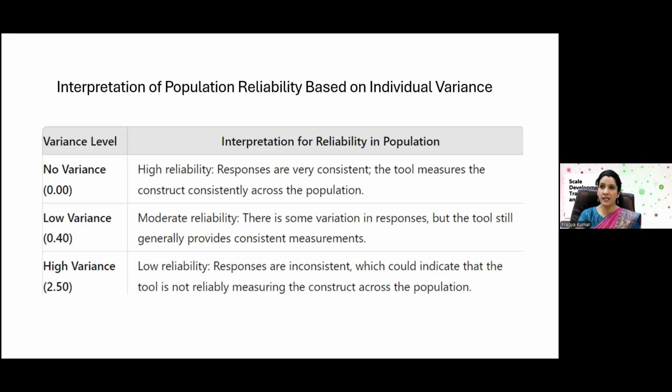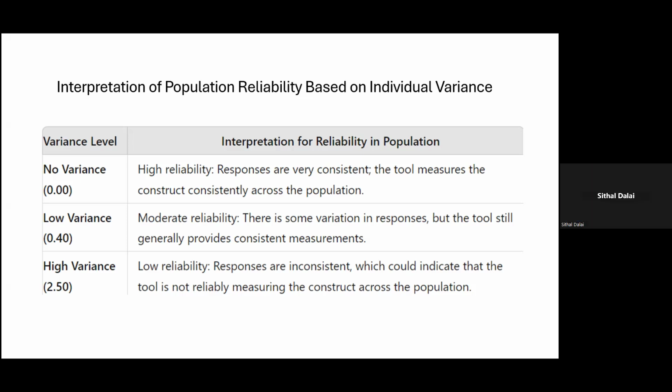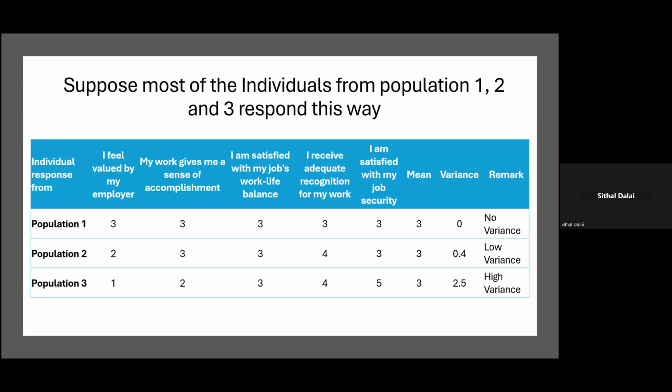So Dr. Seetal has raised her hand. Ma'am, if we go to the previous slide that we were discussing, it is based only on the statistics, the variance. What I mean to say is, population 1 gave neutral responses.